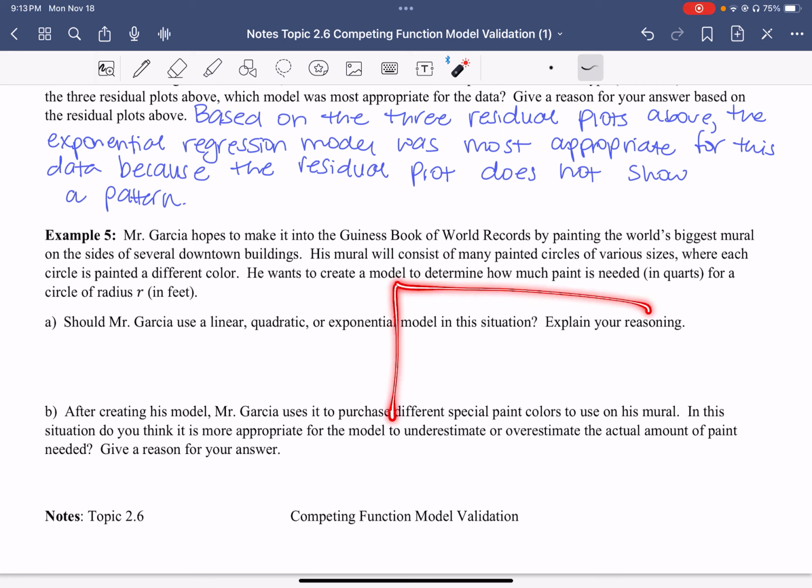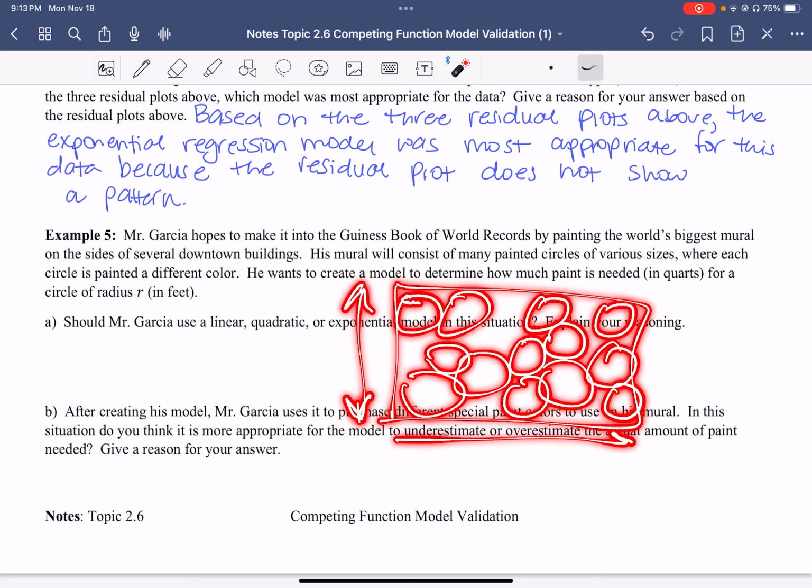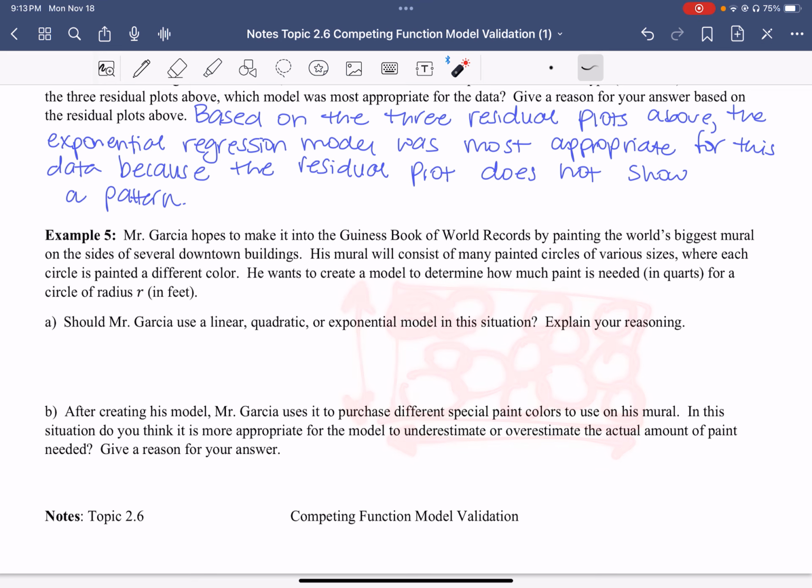If you think about a big mural, he's trying to paint all of these circles on the wall. You're going to first need to determine how big is the wall, how big your circles are going to be, and depending on how big those are is going to depend on how much paint you need. So you're going to need to figure out the height, the width, the area of the circles. So this is basically like surface area. So anything that has to do with area is always going to be quadratic.